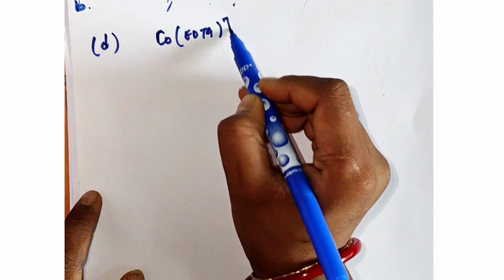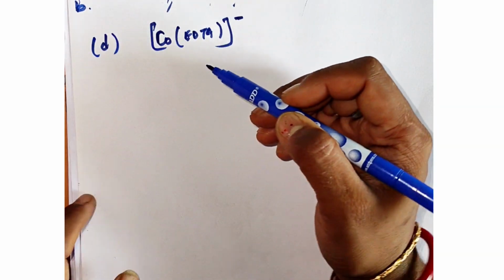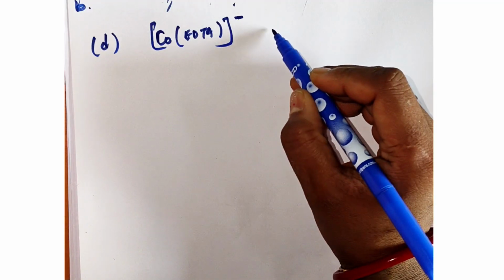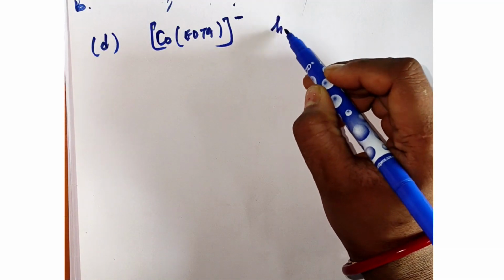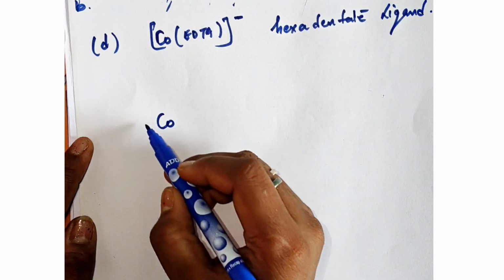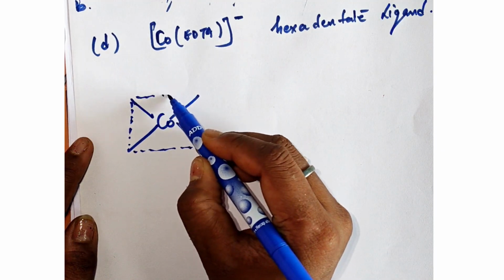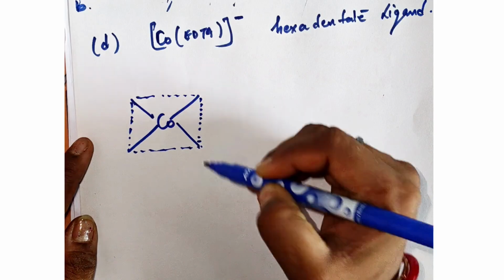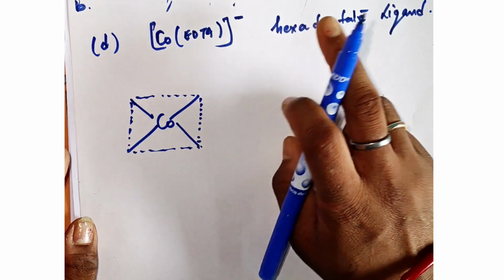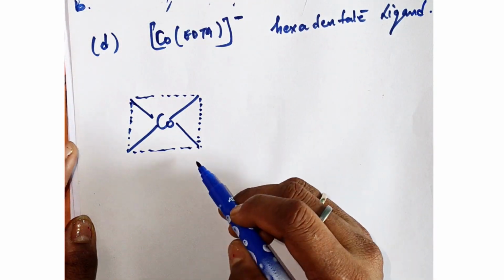EDTA, minus EDTA. This is your hexadentate ligand complex. This is your hexadentate molecule like this. It will be tetrahedral or square planar complexes. Square planar complexes only give you geometrical isomers, whereas tetrahedral complexes never give you geometrical isomerism.